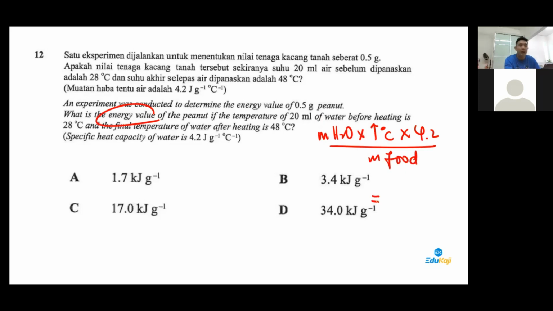So guys, if you plug in all the values, water how much? 20 ml, increase in temperature 20 degrees Celsius, multiplied by 4.2, the constant. Mass of food is 0.5.